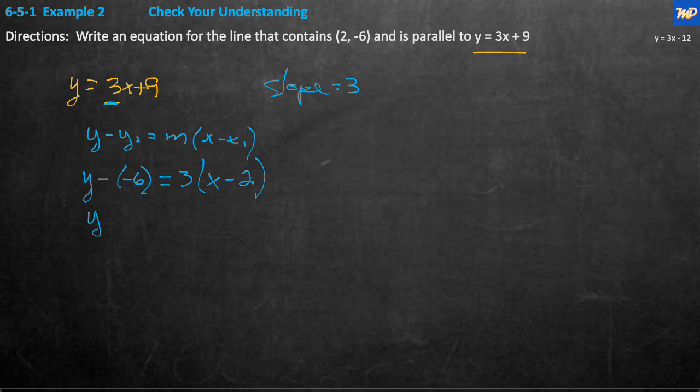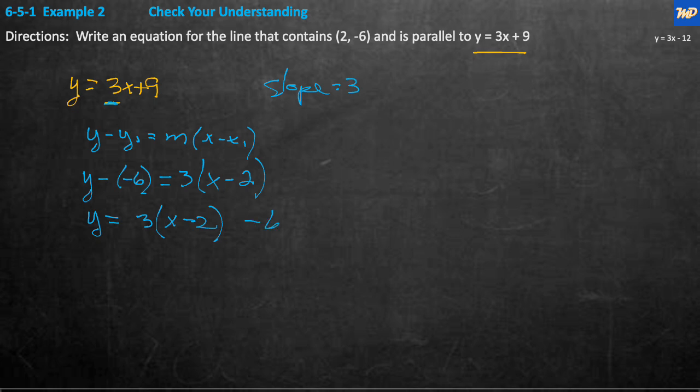So we're going to say y is equal to 3. Oh, well, it doesn't matter. I can still do it at this point. So it's equal to 3 times x minus 2, and it was negative 6 we're dealing with. So I'll leave the negative 6 for a second.